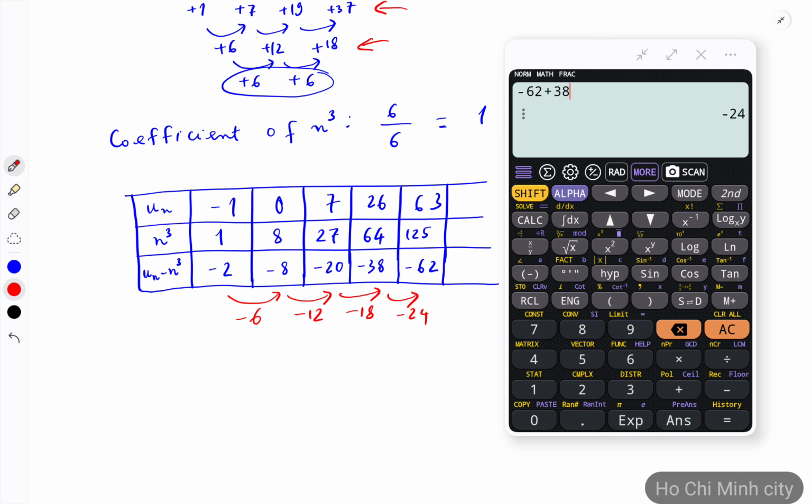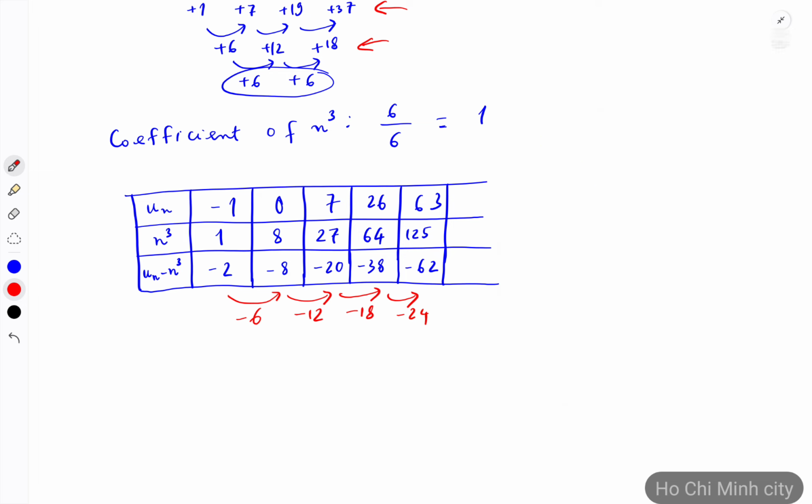So the difference between these terms is going to be 6 each time. Now we find the second common difference, which is -6, -6, and -6. Up to this point we have found the common difference.